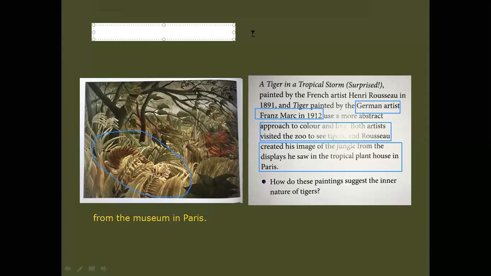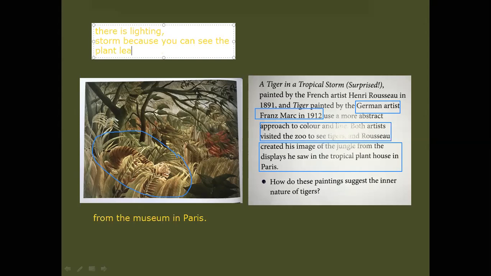For example, there is lightning. Can you see that at the back of the picture? Yes. And what else can you see? I think it has a storm. Why is that? Because you can see the plants leaning to one side. Okay.